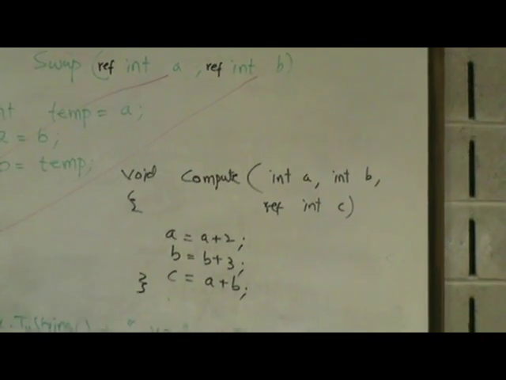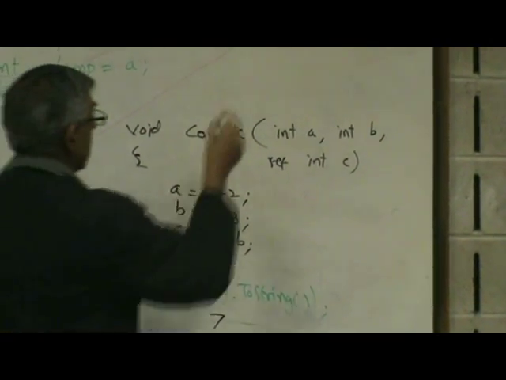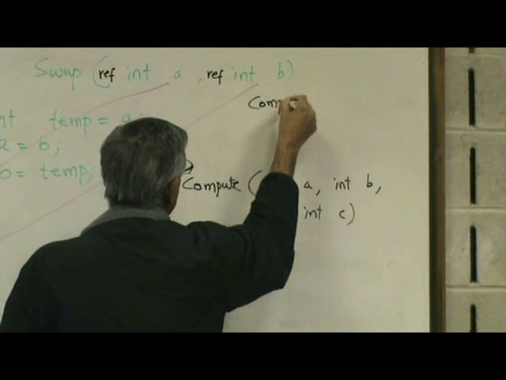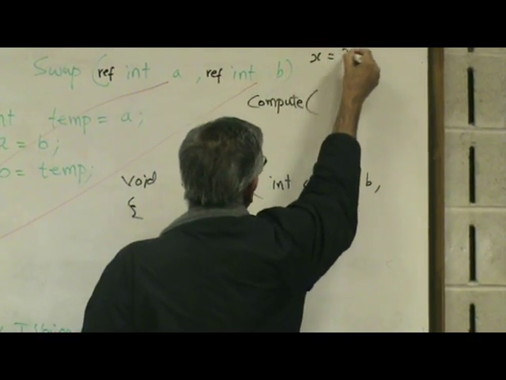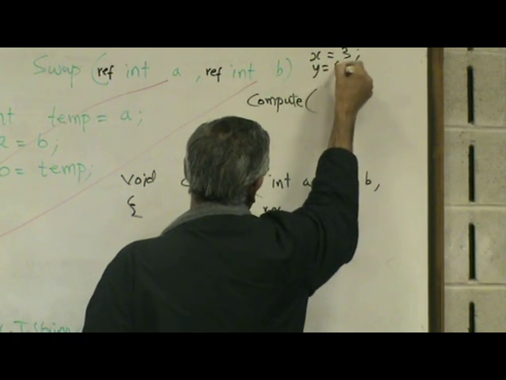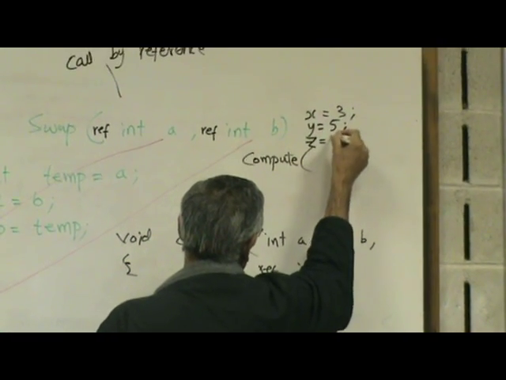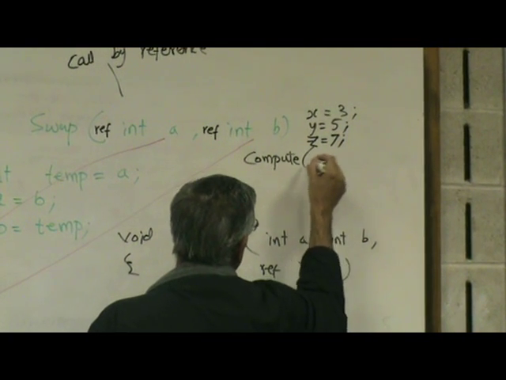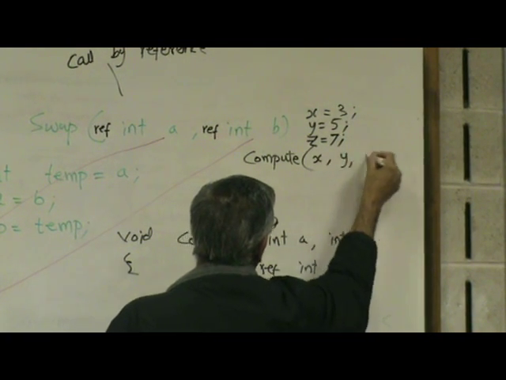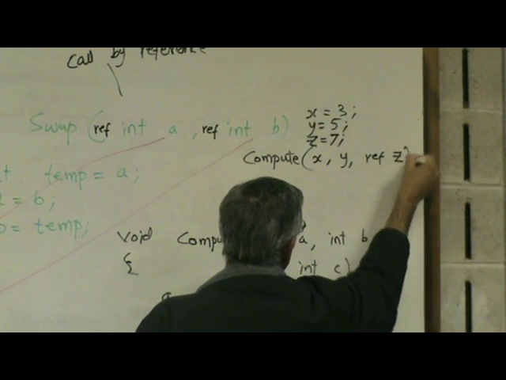And suppose you call this function like this: x equal to 3, y equal to 5, z equal to, let's say, 7. So you call compute with x, y, ref z.